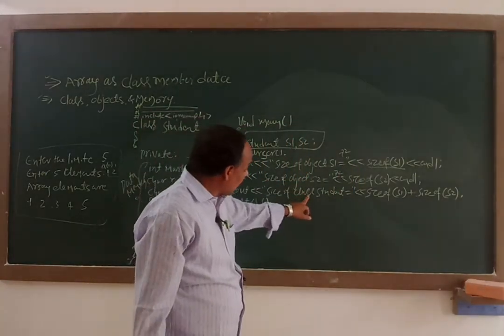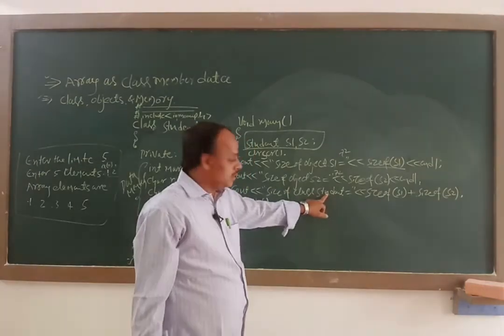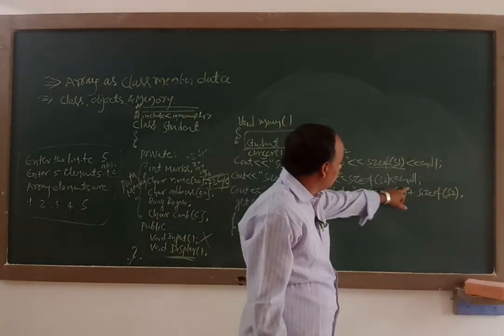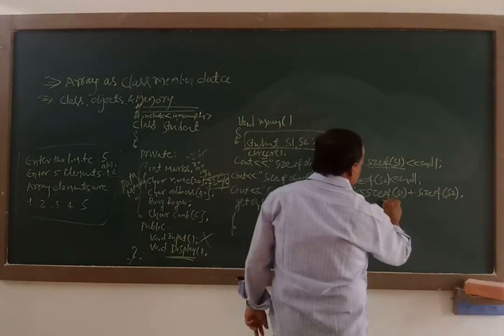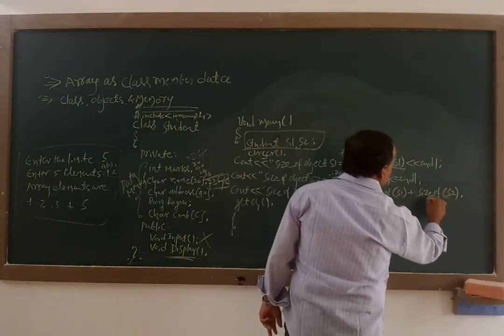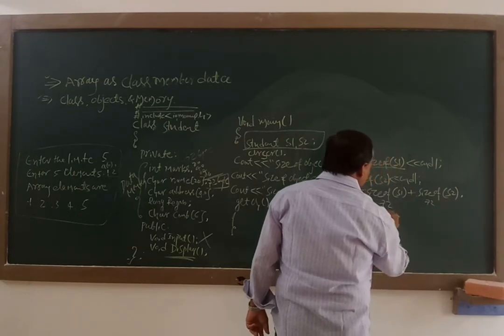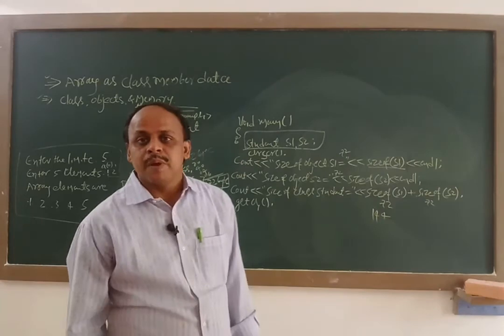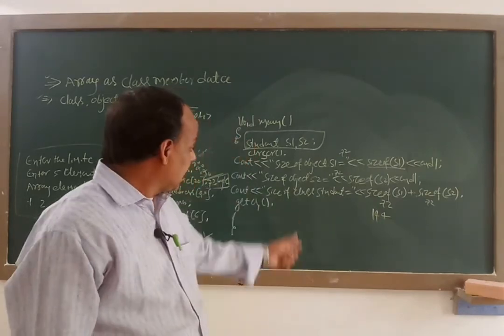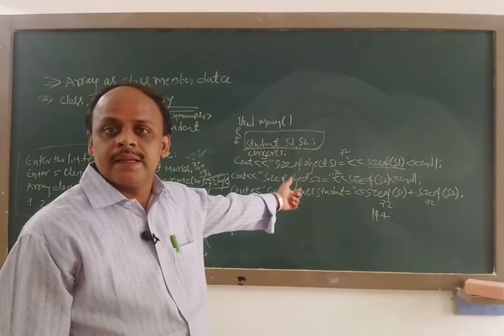Size of class student is equal to size of S1 plus size of S2, which means 72 plus 72, that is a total of 144 bytes of memory allocated for the class student.